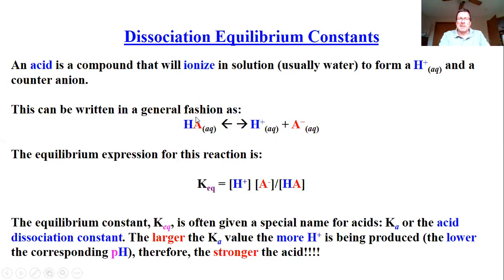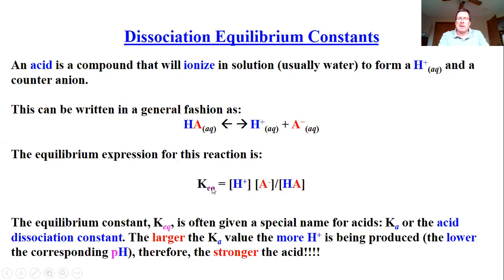So this acid compound is separating into ions, then they're coming back together, separating into ions and coming back together. The question is, when it hits equilibrium, are we more on this side or more on this side? With water, with that number being 1 times 10 to the minus 14th, we were basically on this side with very little ions, enough to conduct electricity and do the stuff water does.